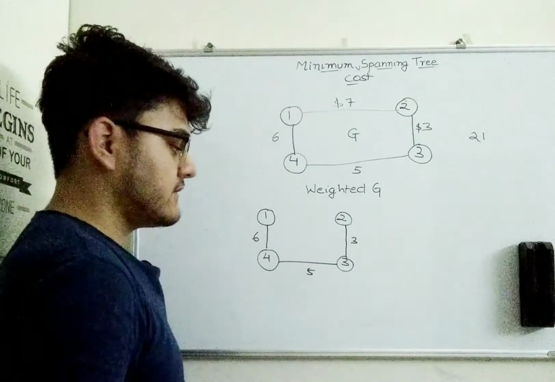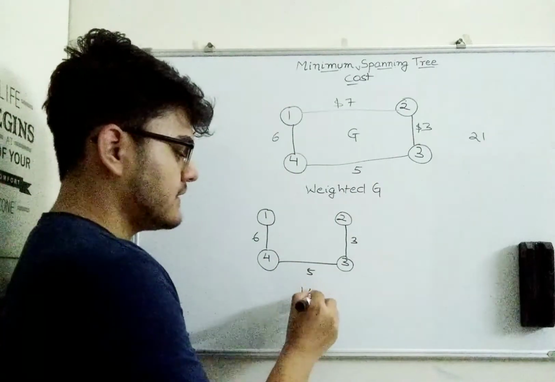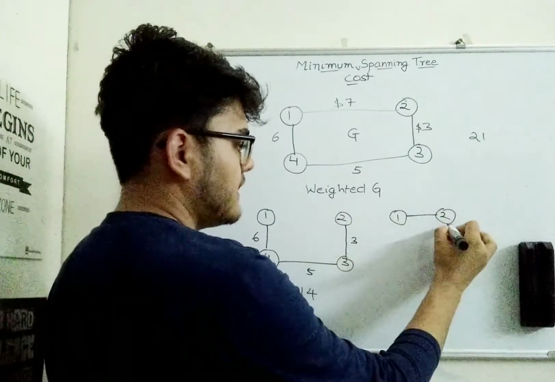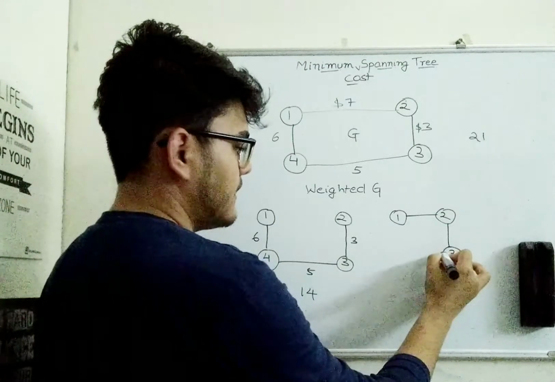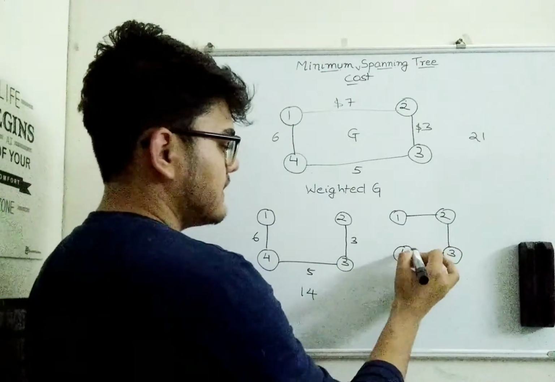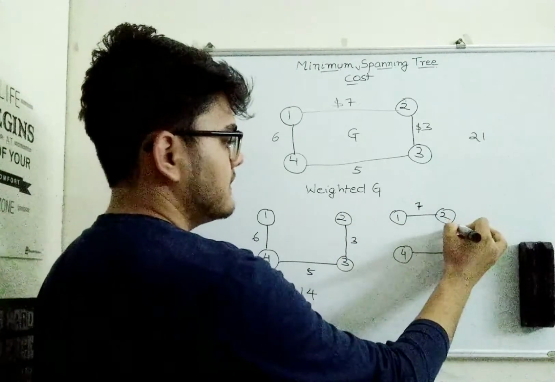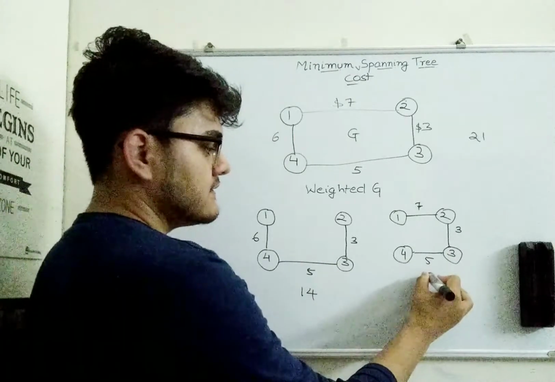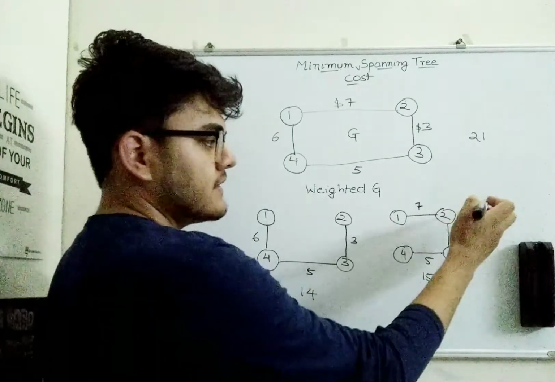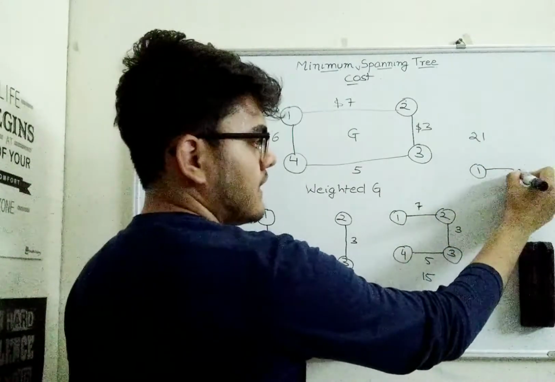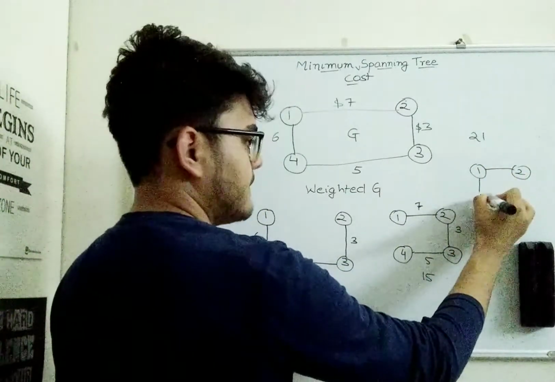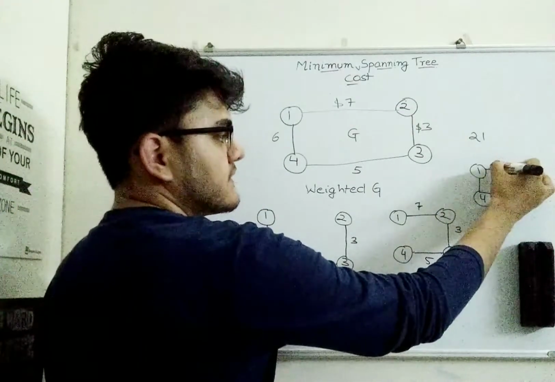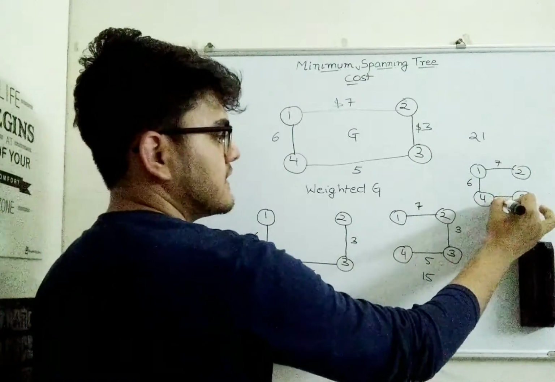What about this spanning tree? It will be 14. Let's consider another spanning tree, which is like this, and I will assign the values here. Now what is the total cost in this case? In this case it will be 15. Again I can construct one more, which will look something like this. So now I will assign the costs 7, 6 and 5.